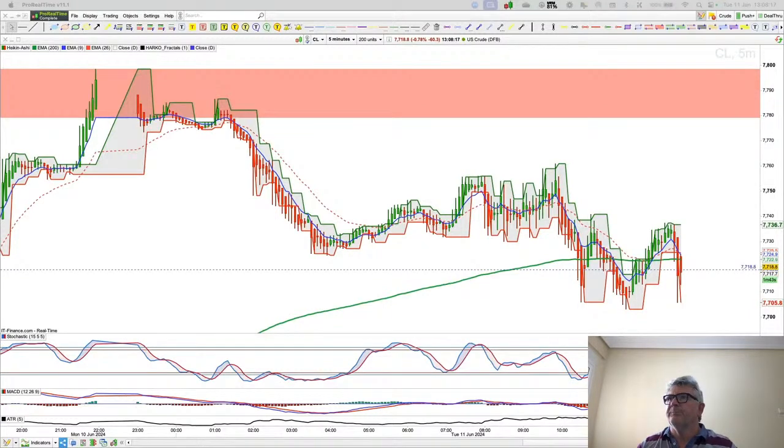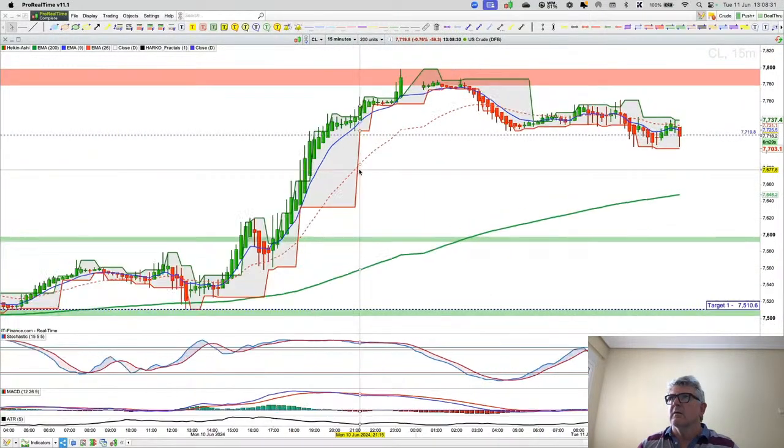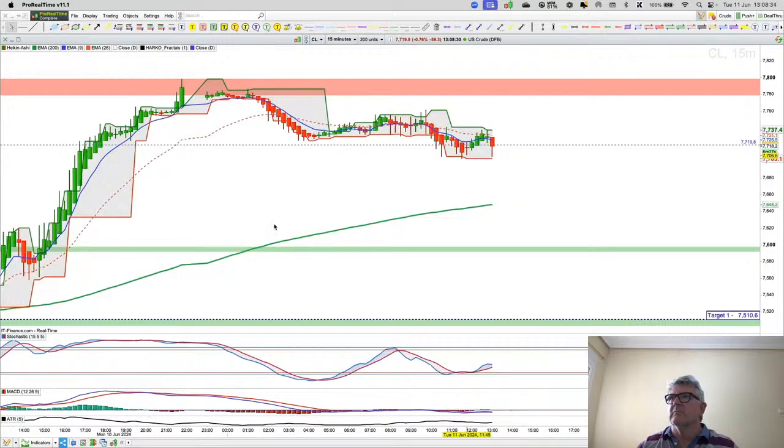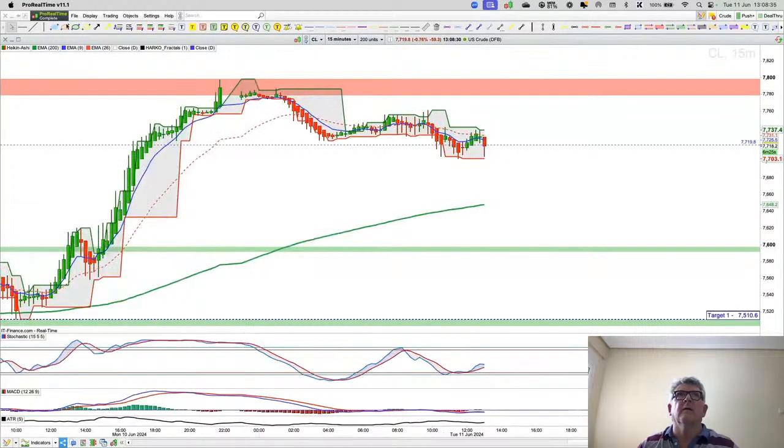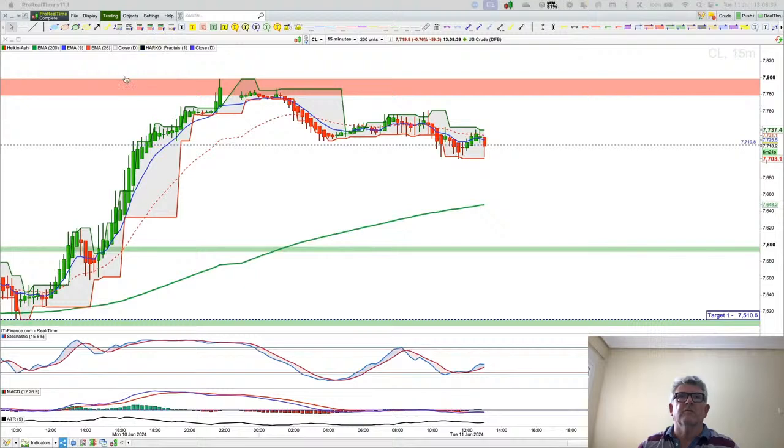Right. I banked 19 and then moved my stops down, didn't I? While I was talking. All right, so I made some money, could have made more, I guess. So I still like crude coming off. So have I got my crude fracker on? I'm going to leave the crude fracker on.